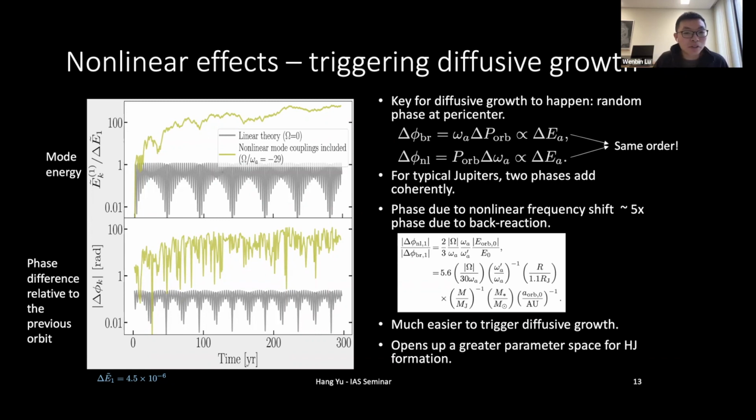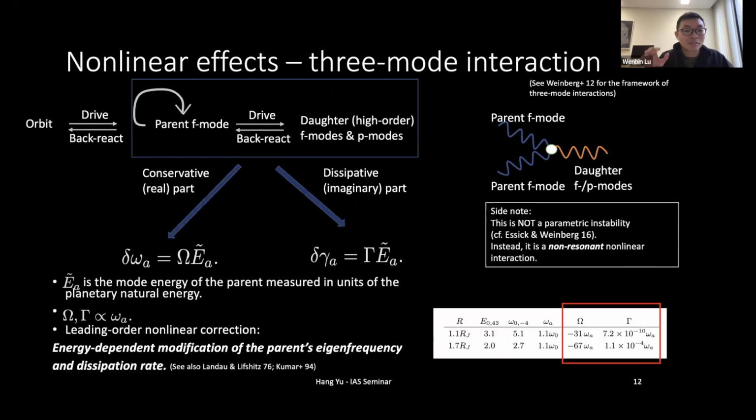I think even without interaction with daughter modes, if you have any large amplitude harmonic oscillator, it becomes anharmonic. If the amplitude is sufficiently large, in Fourier space it's not at a single frequency anymore, right?